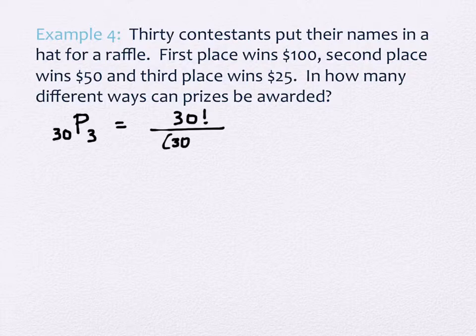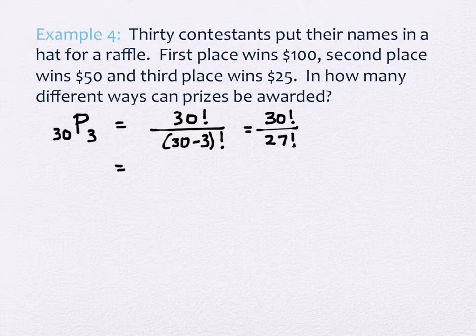Awesome. And you don't have to write 30 minus 3 if you just want to subtract it in your head. That's cool. I'm going to write it for a while, and then at some point I'm going to stop writing it too. Even if I do write it, I'm going to have to simplify. So 27 is what I get on bottom, right? Okay, these numbers are almost the same, right? 30, 27, they're awfully close. So I'm going to take the number 30 and I'm going to write it out until I get to what? 27, and I'm going to stop.